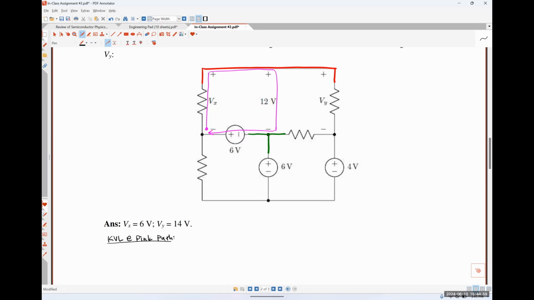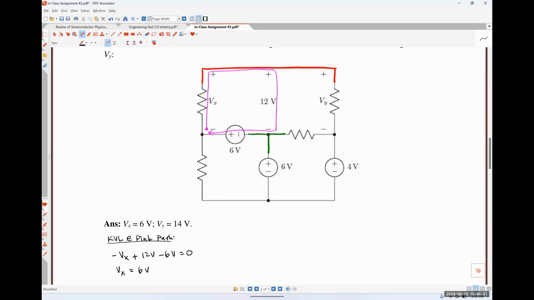Somebody help me out, please. Yeah, negative Vx plus 12 volts minus 6 volts equals 0. So we can rearrange that really quickly to say that Vx is equal to 12 minus 6, which is 6 volts.